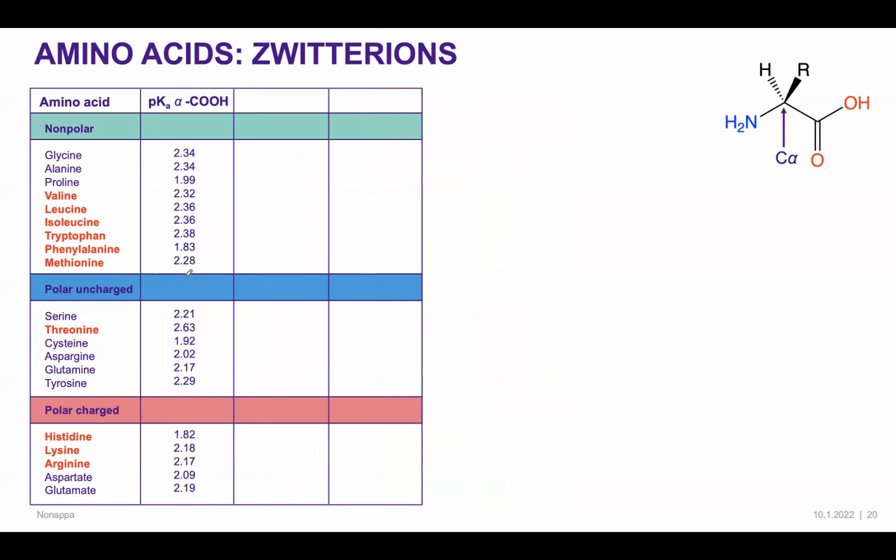Amino acids have a unique property because if you look into the pKa of carboxylic acid groups, it lies from 1.8 to 2.6, and the pKa of amino groups varies from 9 to 11.